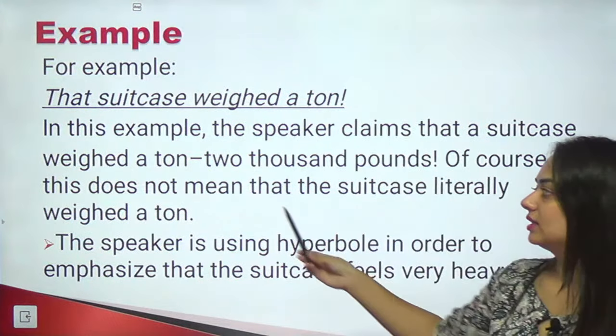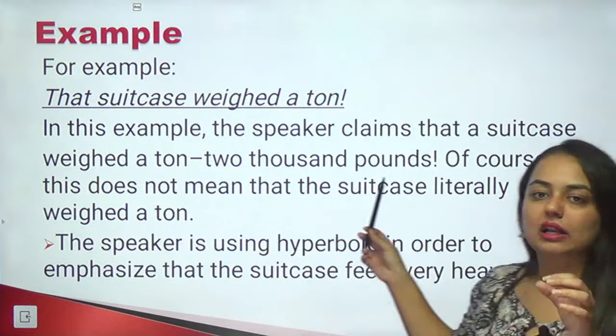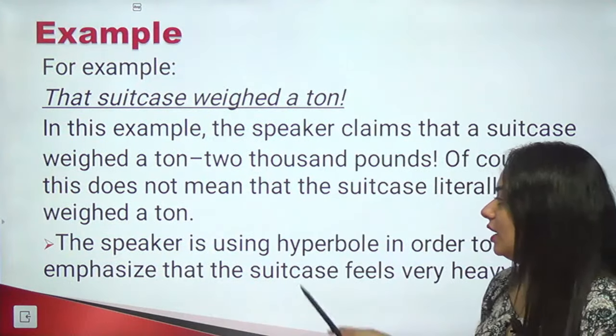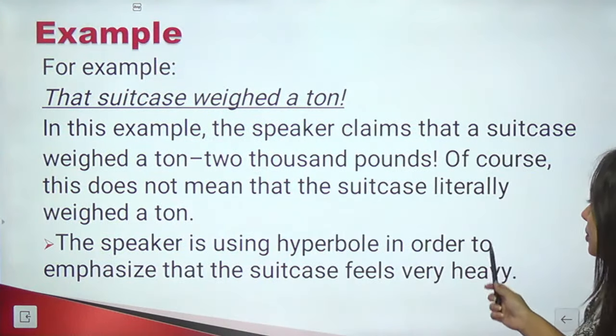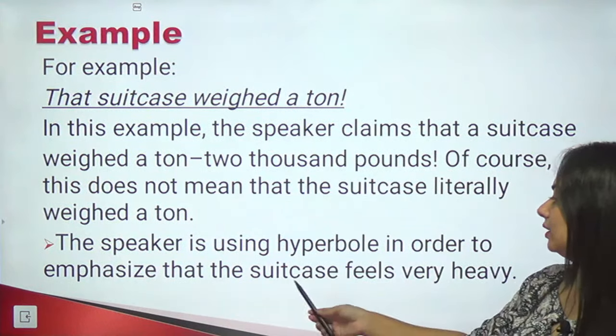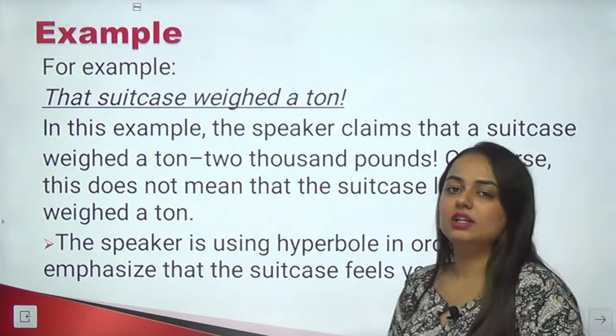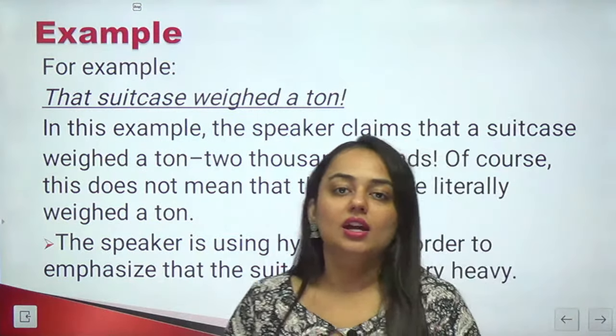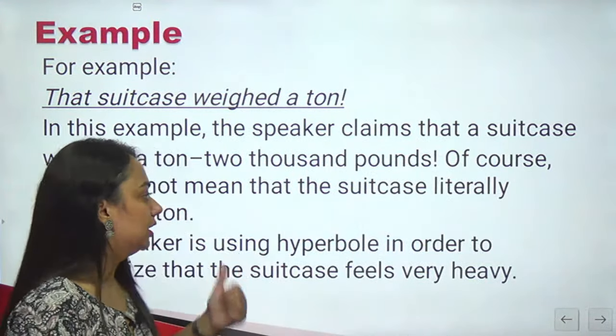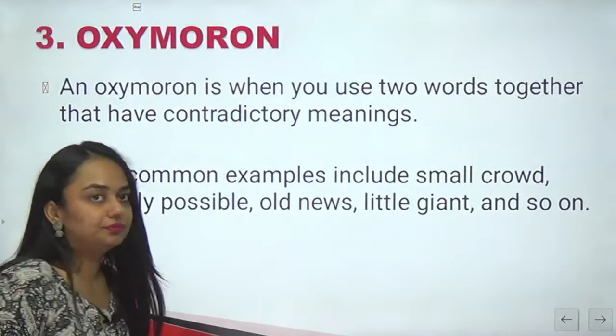Of course, this does not mean that the suitcase literally weighed so much. So the speaker is using hyperbole in order to emphasize that the suitcase feels very heavy. That's it. He wanted to convey कि suitcase बहुत heavy feel कर रहा है. This is the reason he used the literary device hyperbole.